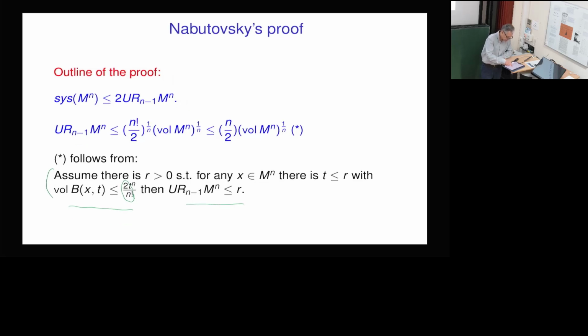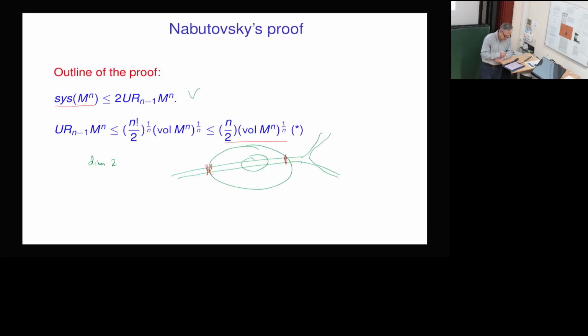What you mean by this statement is that for every n, there exists some scale for which local volumes are small. Actually, I could even fix the volume, but then I wouldn't get such a good constant. This is a bit more technical, but if you fix the scale, it's kind of obvious.